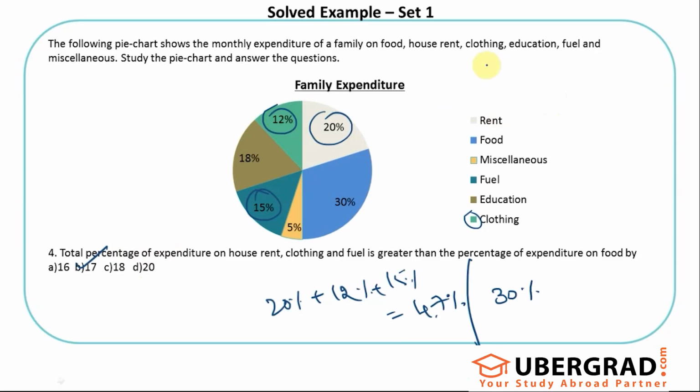Other way to look at it is this: 47% is how much percent more than 30%, right? This will come to be approximately 50%, slightly more than that, 56.66% to be precise, but that's okay. The question should have been slightly better constructed, but the question was meant to be asking me to subtract the percentage of expenditure on food from house rent, clothing, fuel. So that's 47 minus 30, that is 17 is the difference.